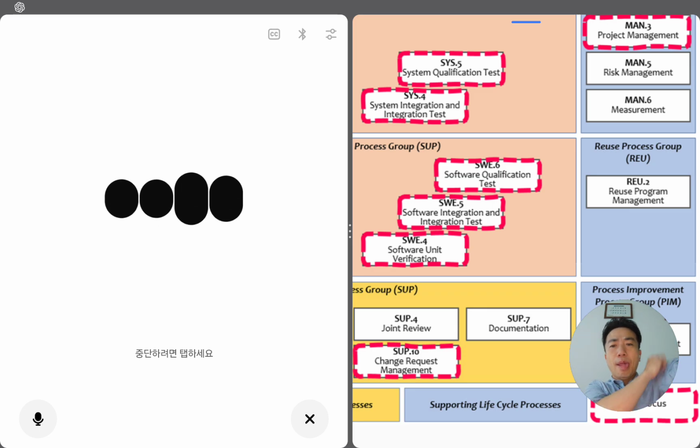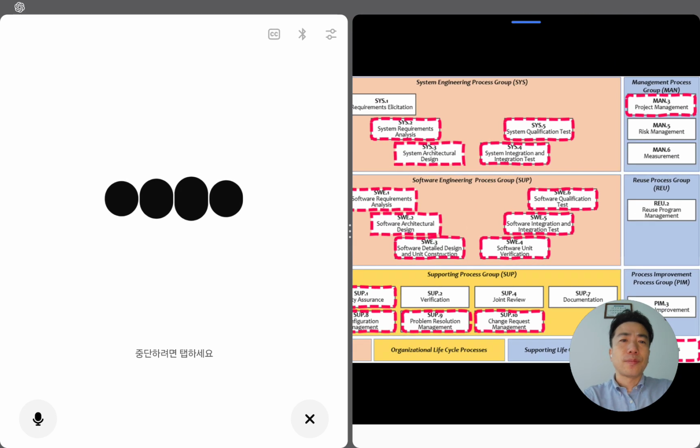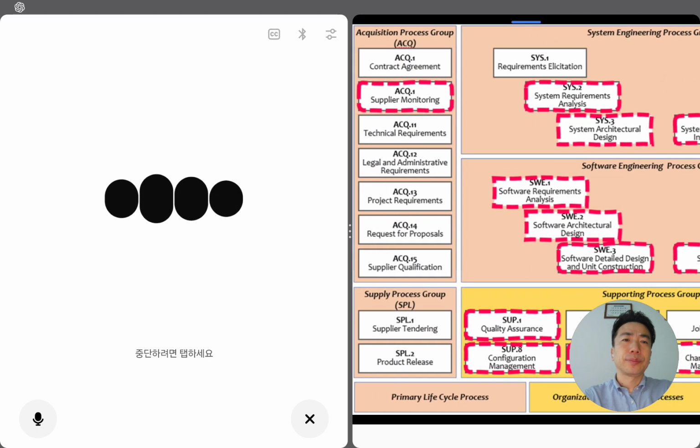They want proof that your project controls supplier quality, ACQ.4, manages requirements and testing across system and software as set in SYS.2 to SYS.5 and SWE.1 to SWE.6, and runs solid project and quality management, MAN.3 and SUP.9, PIM mod 3. So the takeaway is your team should show traceability from requirements through testing, evidence of problem handling and configuration control, and a consistent project plan that links it all together. Would you like me to focus next on how these processes interact in a real project or how auditors usually?